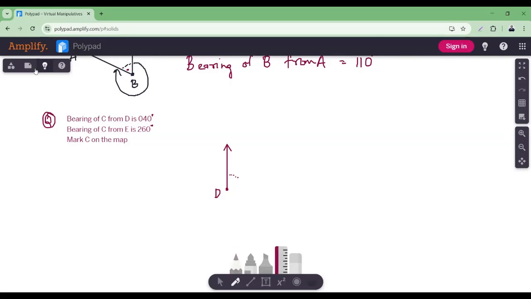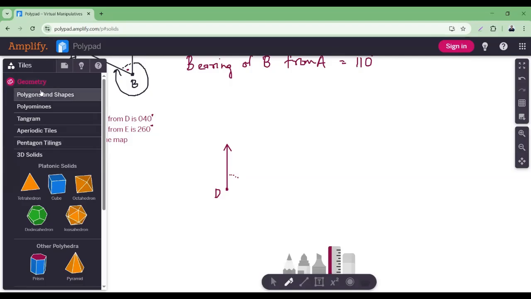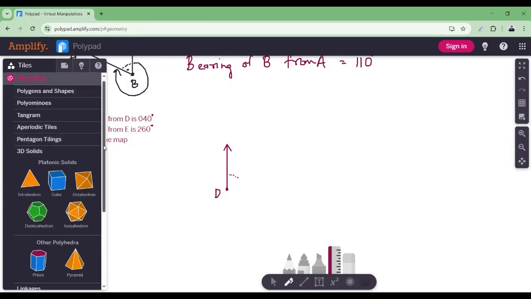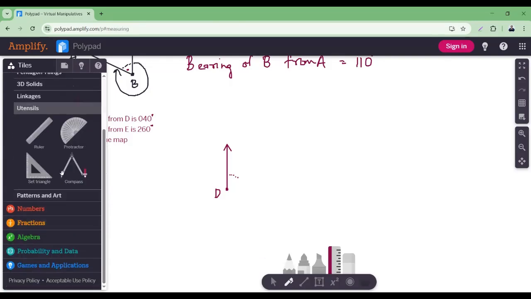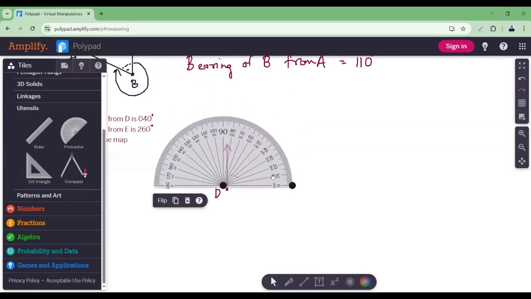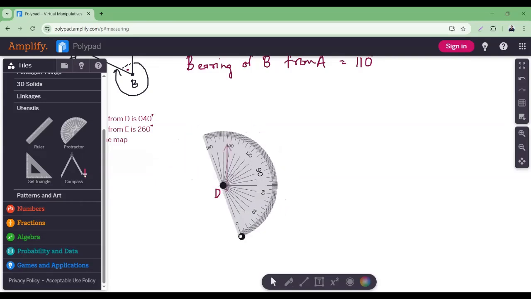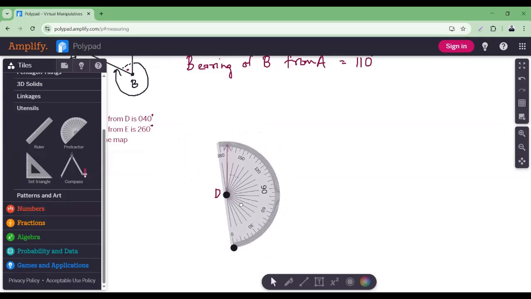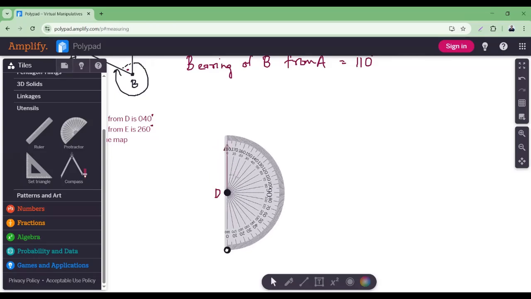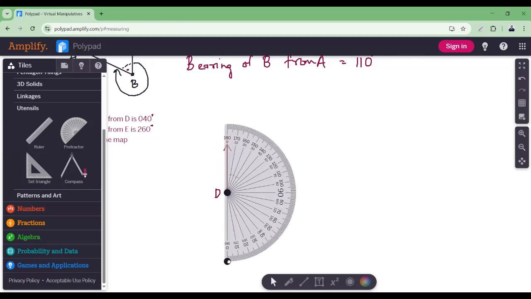I can also keep a measure. Let me use the protractor here. Okay.